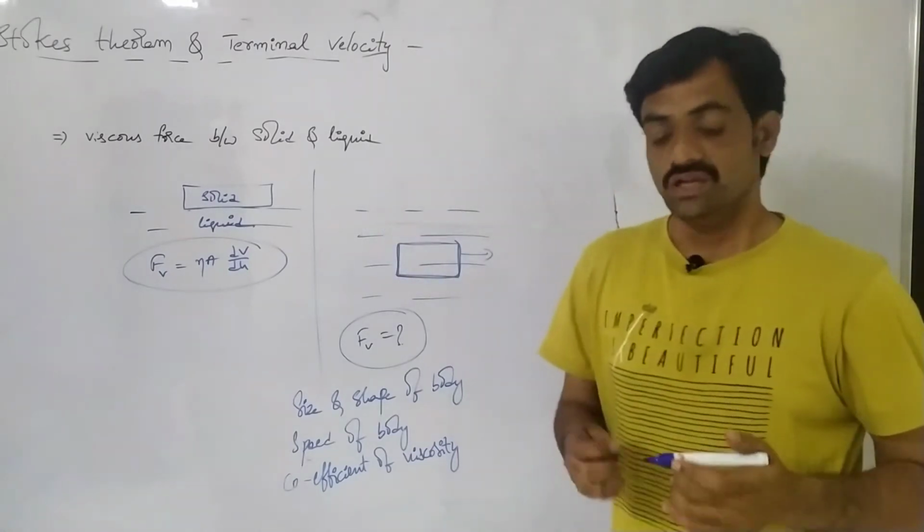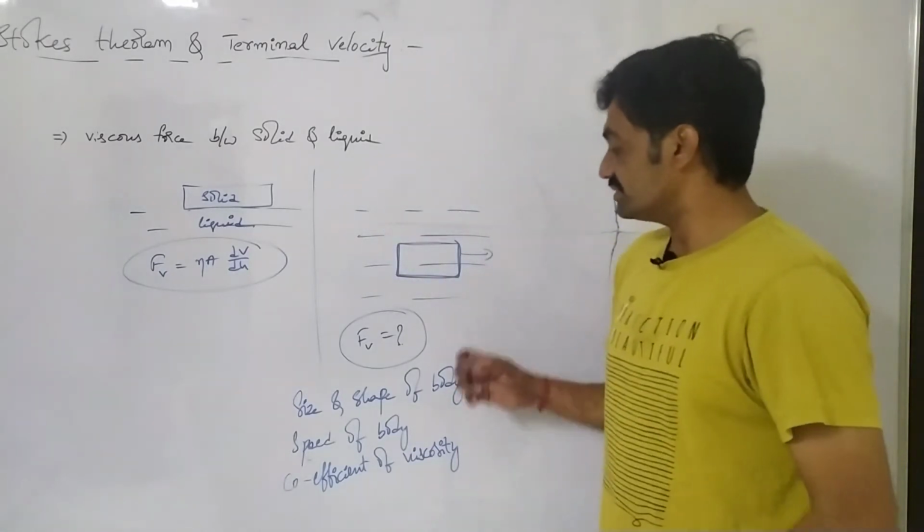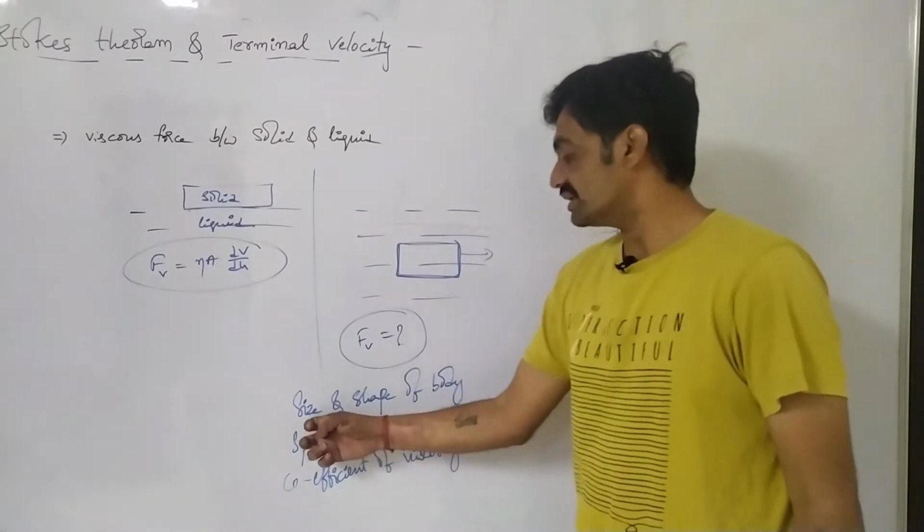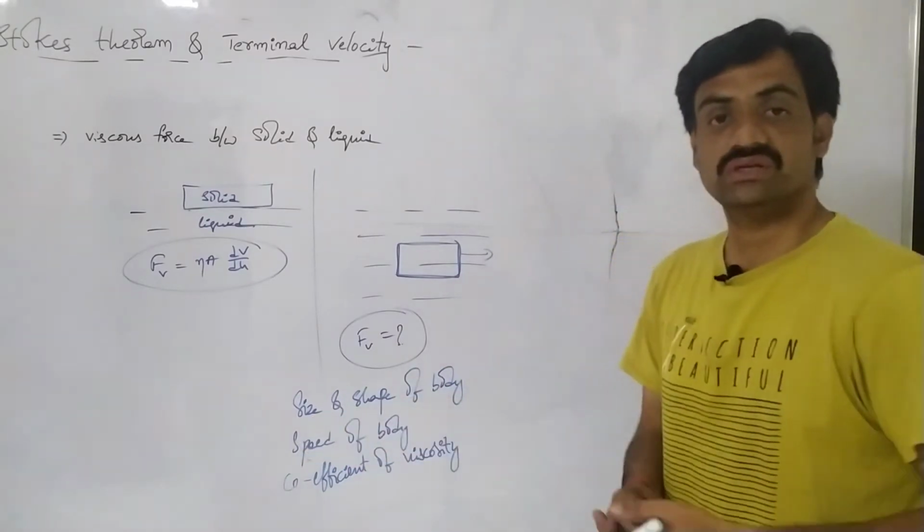Based on this theorem, we represent how much viscous force the fluid exerts on the body. So we have to consider the size as well as the shape of the body.